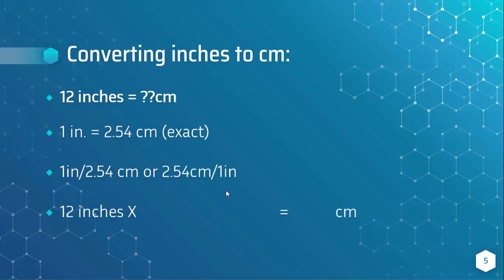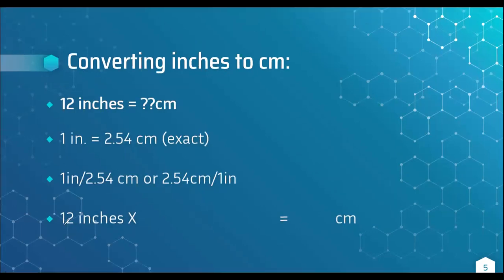Whenever I set these up, I always start with what I know. I know that I have 12 inches, right? That's what we start with. And we want to go to centimeters. So I kind of put 12 inches on one side and centimeters on the other side of my page, and somehow we need to get there.